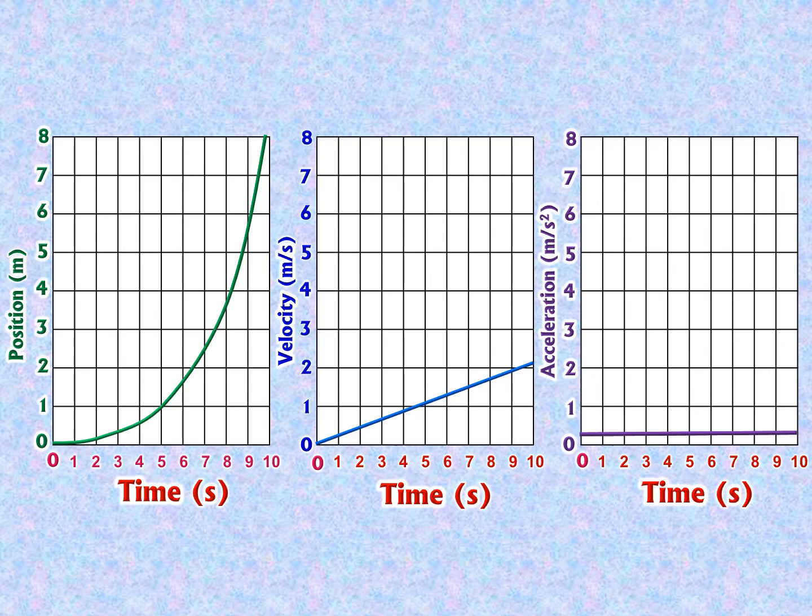So this is what a constant acceleration looks like. It's kind of like a parabola. It's almost exactly like a parabola. You go faster and faster and faster, so your position follows a parabolic trajectory. Your velocity is increasing at a steady rate, a steady sloped line, and then your acceleration is remaining constant, flatlining.